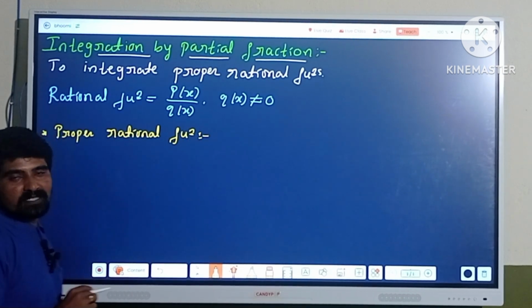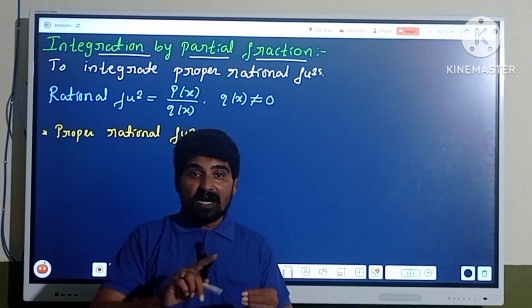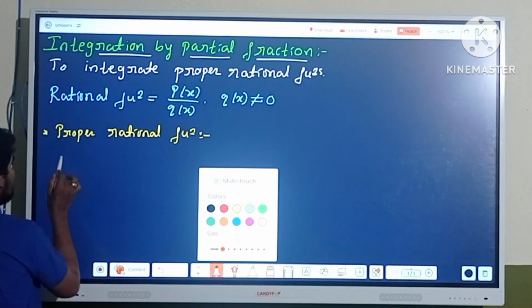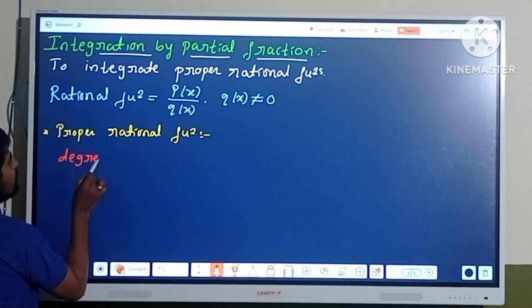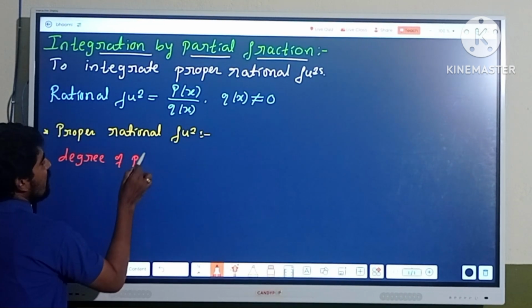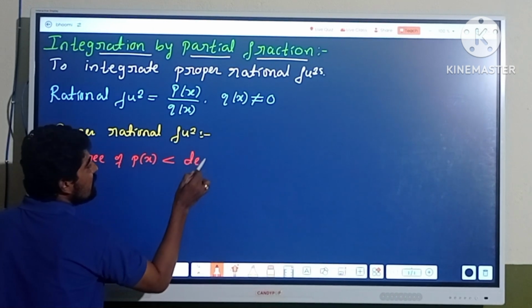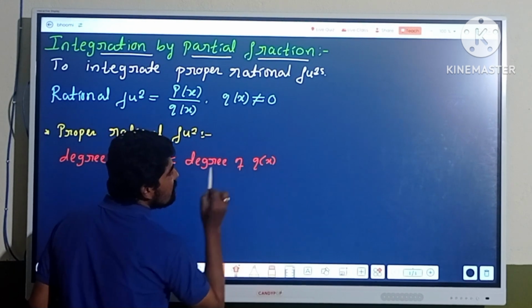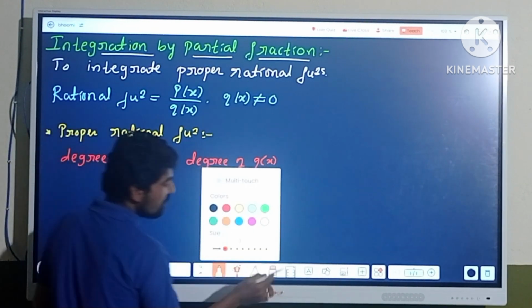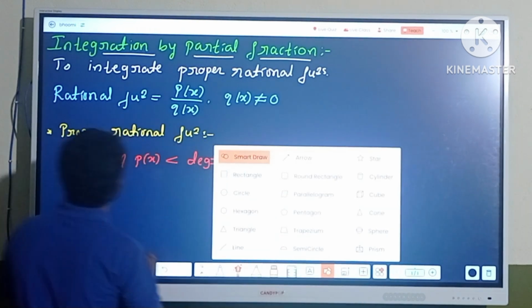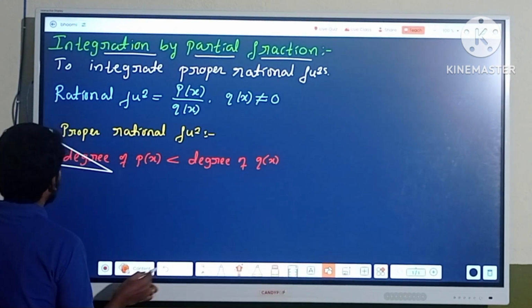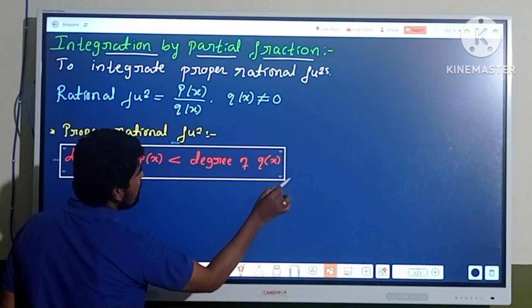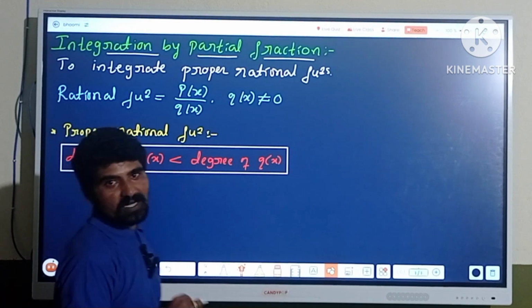Proper rational functions means the rational functions in which the degree of the polynomial px is less than the degree of the polynomial qx.